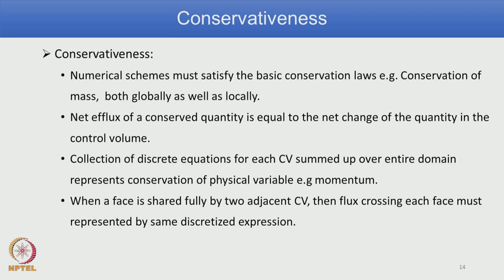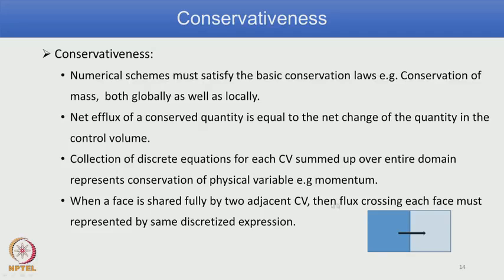When a face or control surface is shared fully by two adjacent control volumes, then the flux leaving one face must be exactly equal to the flux entering the adjacent control volume. If you write it in a discretized way, in one it will be positive, in another it will be negative, balancing each other.